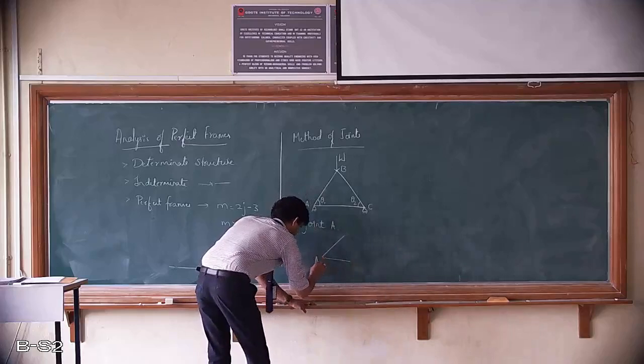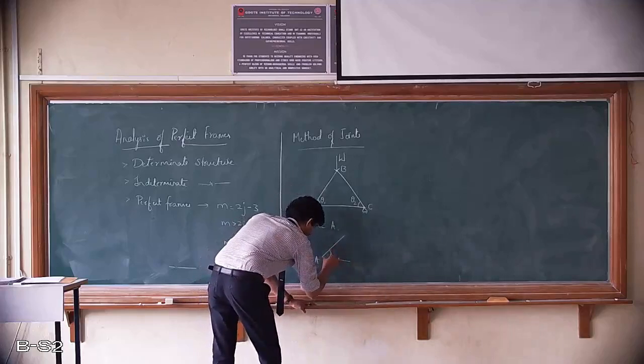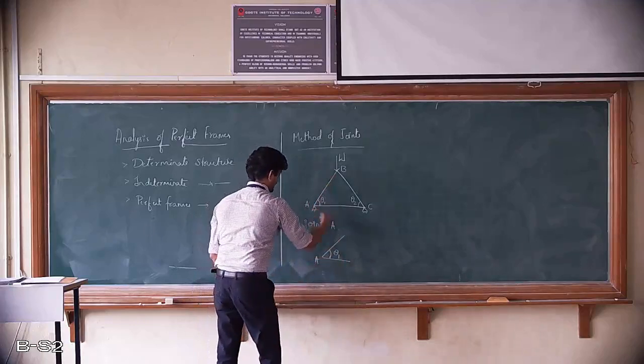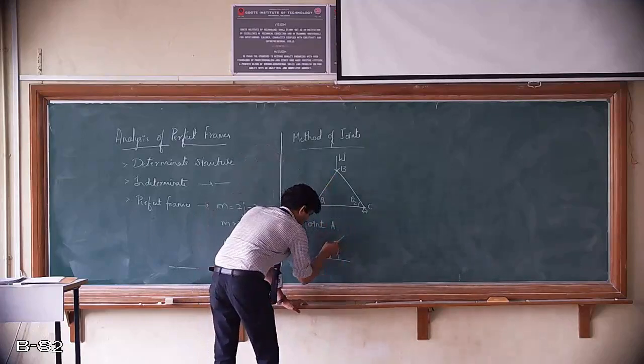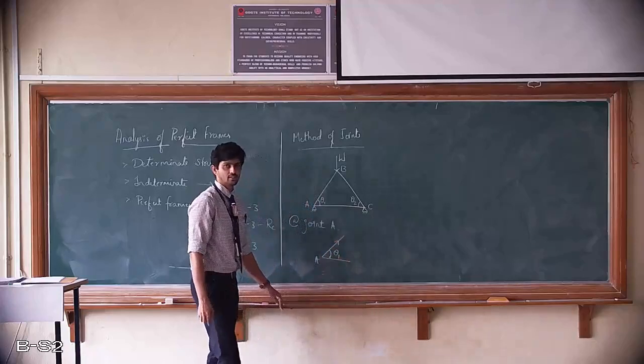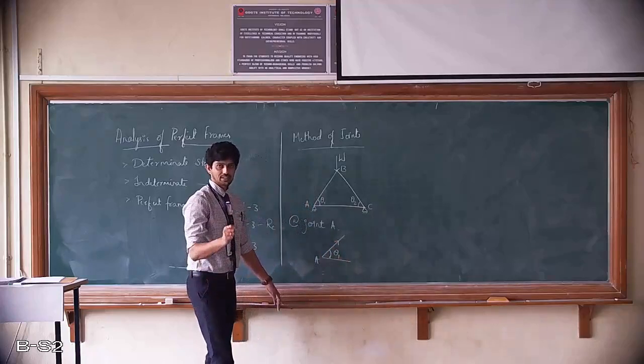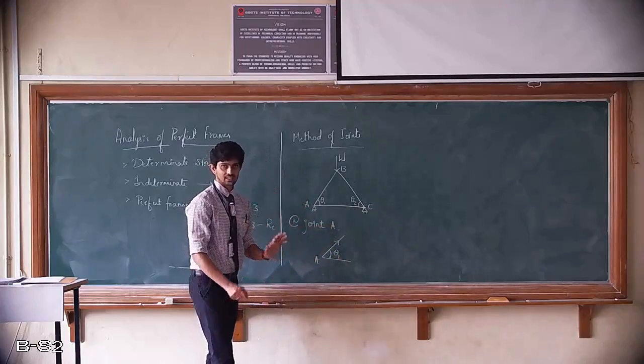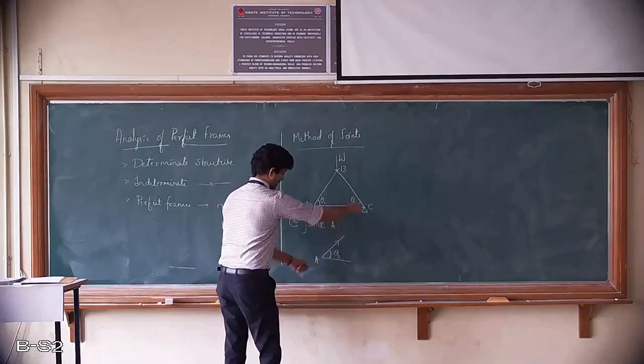This is joint A, which has an angle theta1 between the members AB and AC. Let us consider the force here to be tensile, which means the internal force in the member is tensile. That's what we are going to consider. So the arrow mark is in tension.